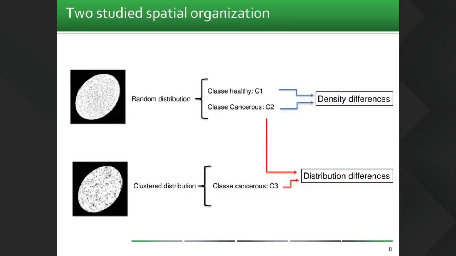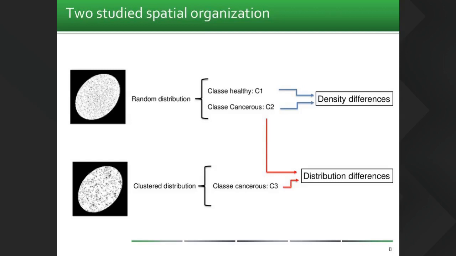For that, we generate using random distribution 2 classes of cells, C1 for healthy and C2 for cancerous, and we create differences in the density of the generation of the fluorescent markers.